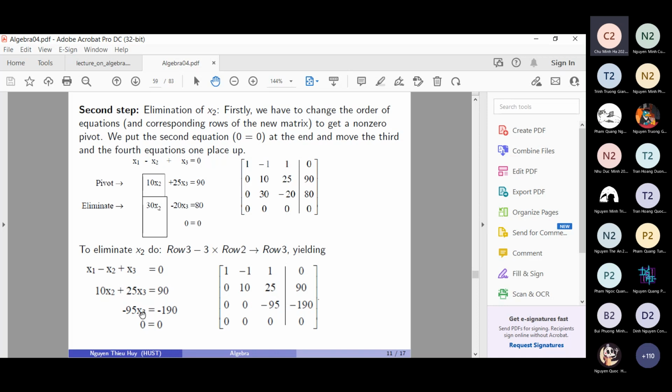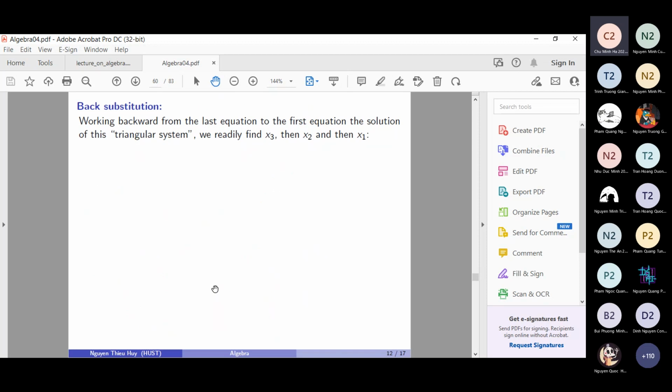And after we obtain x3, we can substitute into the above equation to obtain x2, and then after obtaining x2 and x3, we substitute into the first equation to obtain x1. All right, so this is called back substitution.